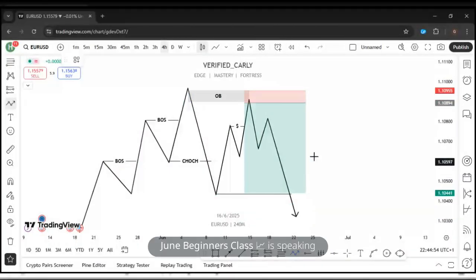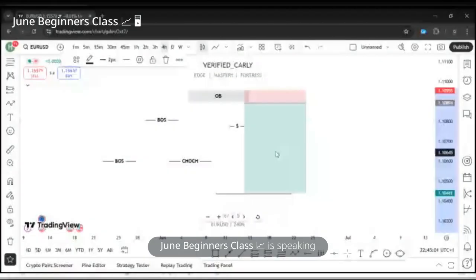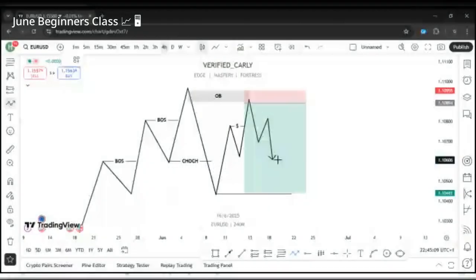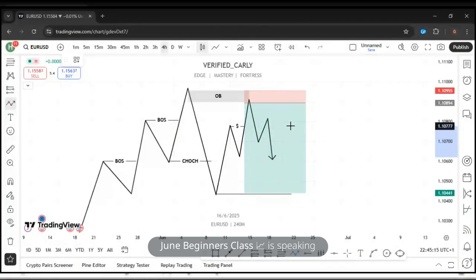This is where price tapped it, right? Wait for, after breaking this low, right? Wait for price to pull back, create liquidity, or without creating liquidity, after it has tapped your higher time frame point of interest and changed character.